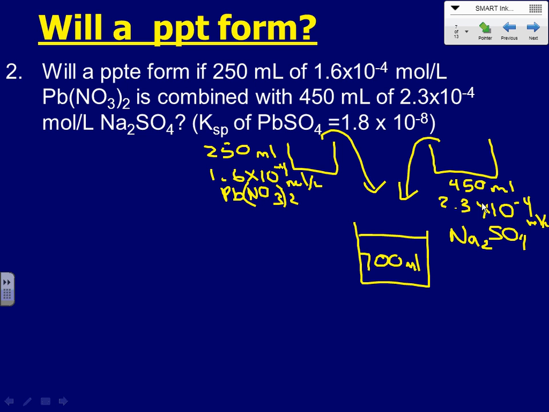And what I need to do is figure out the concentration of the lead in there, and the concentration of the sulfate, that's plus 2, minus 2, in there. That's what I have to do.